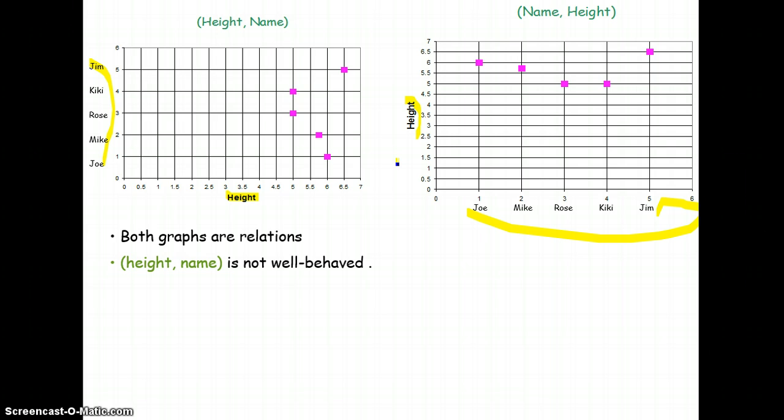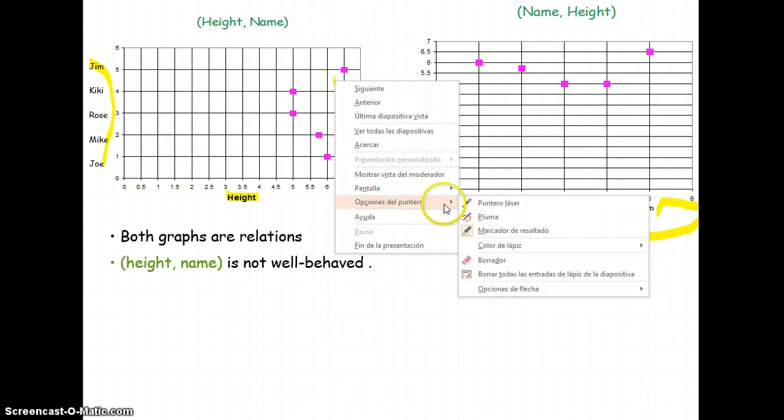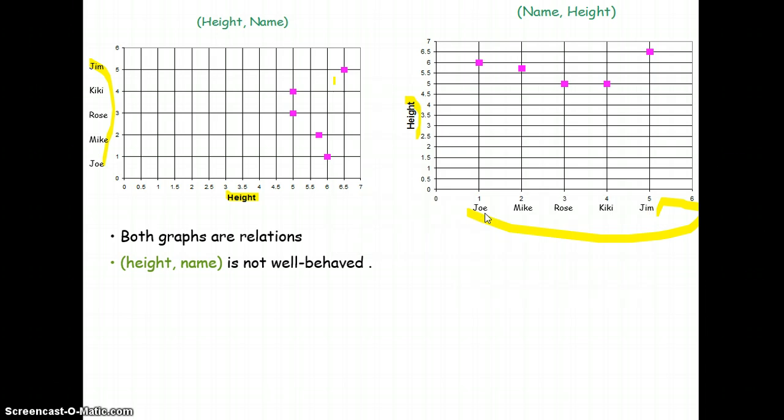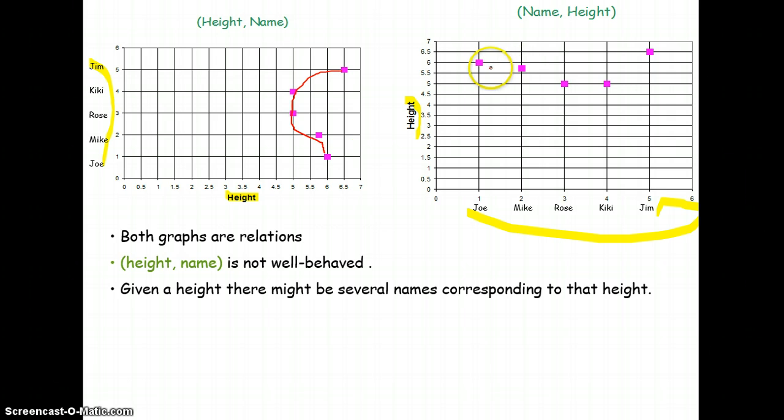So the height and the name is not well behaved, the way we can see it here. Let me put it this way. It makes something like this. And given the height, there might be several names corresponding to that height. So how do you know then where to go?